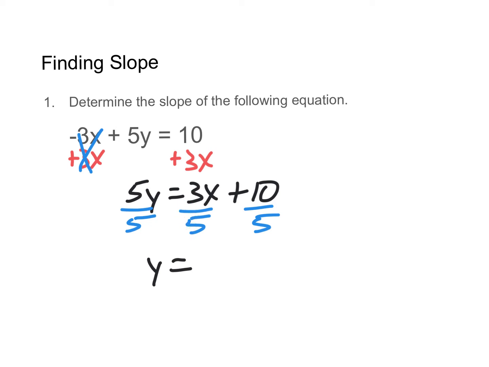We do want to simplify it, but this is already simplified, so we will just leave that as 3/5 x, and then 10 divided by 5 is 2, so we have plus 2. And now that we have it in slope-intercept form, we can identify the slope, and the slope is simply the number with the x. It's 3/5. So again, the slope for this one is m equals 3/5.